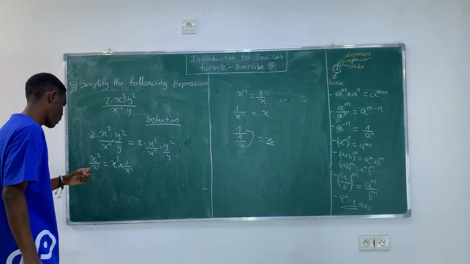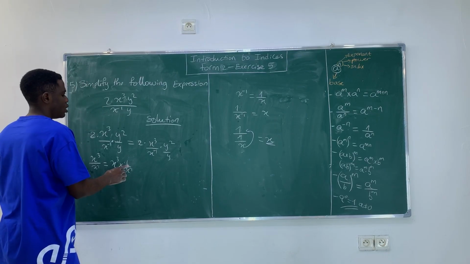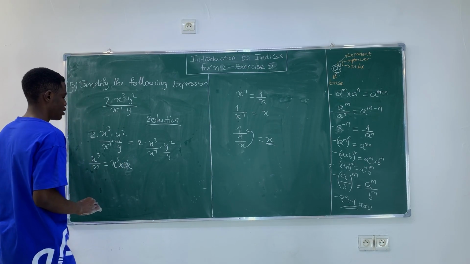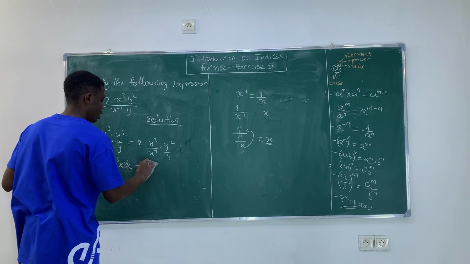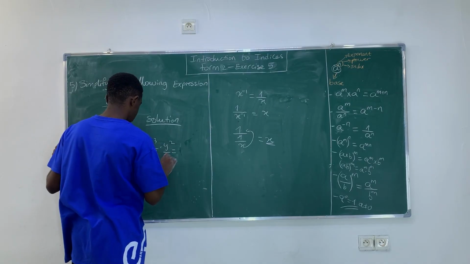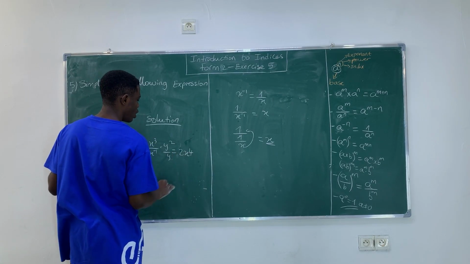That's what we did here. So this will become x, and that will be x to the power 4. Meaning here we are going to have 2x to the power 4.